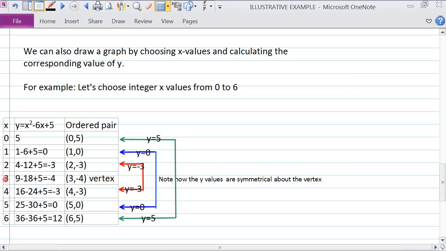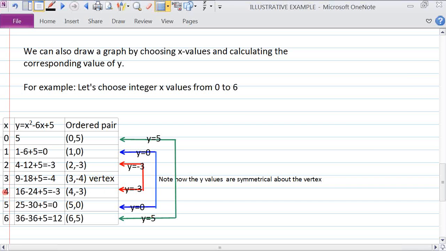We chose x equal to 3, then 3 squared is 9, minus 6 times 3 is minus 18, plus 5 equals minus 4. So when x is 3, y is minus 4. That happens to be the vertex.